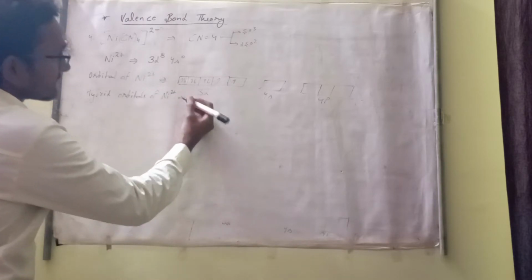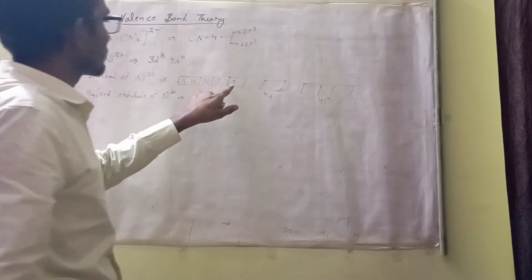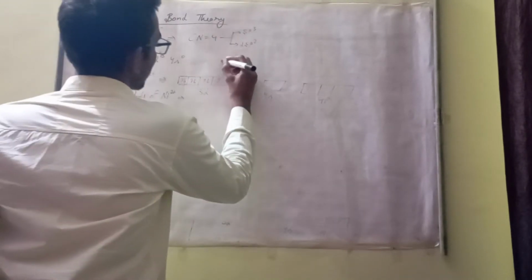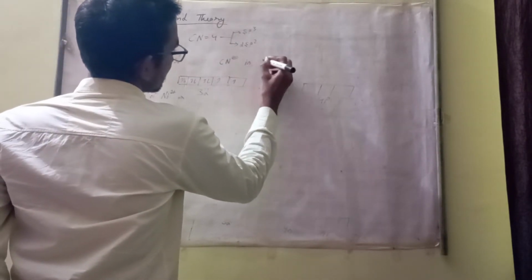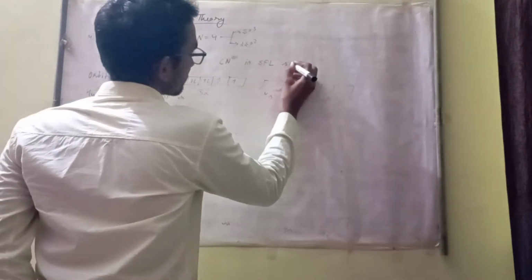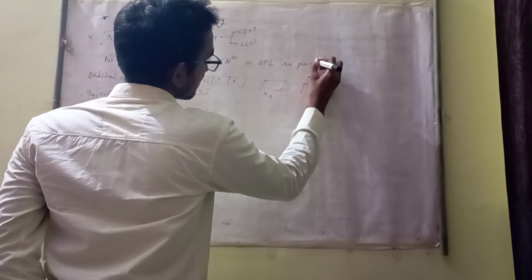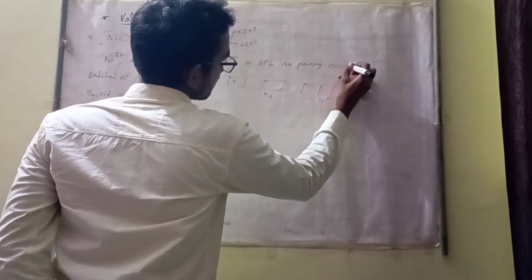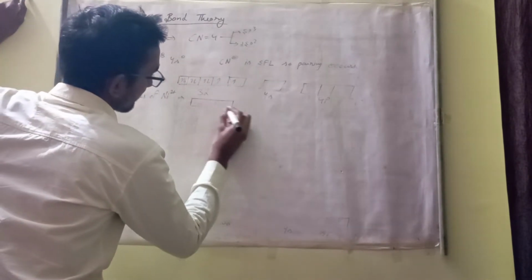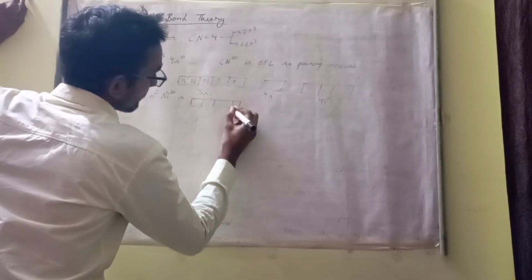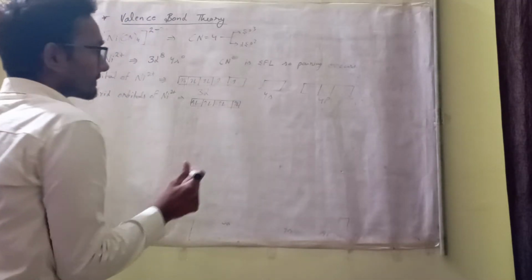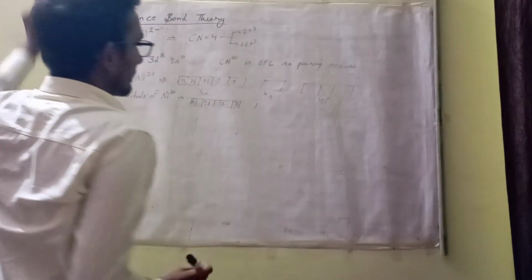As CN- is a strong field ligand, the electrons pair up.